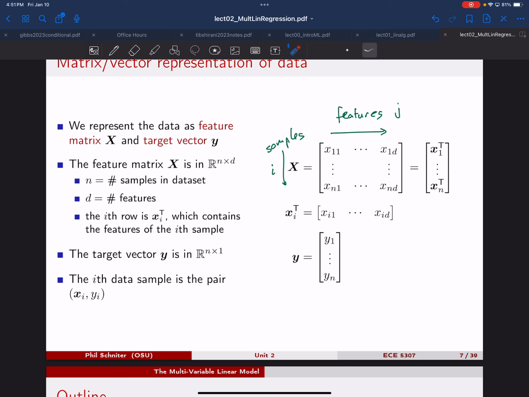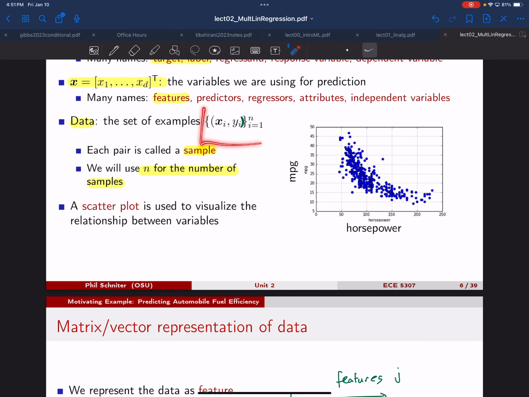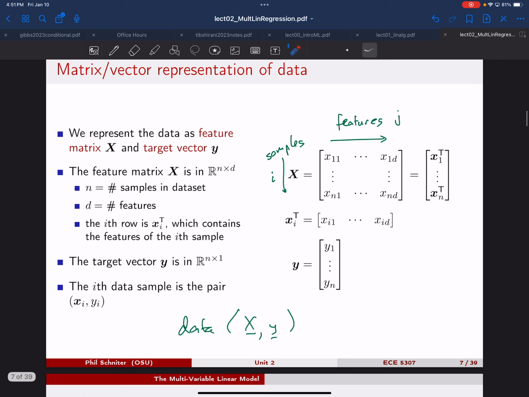Now my data, I can think about it as a matrix X and a vector y. That's my data set. It's much more concise, a little bit easier to visualize or read than this more complicated expression. Okay, everybody good with matrix vector notation here?